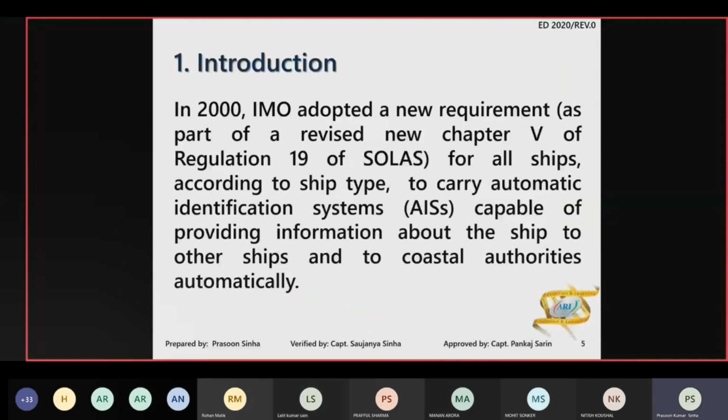So please go through these slides, a couple of slides about the introduction of the topic. I'm letting you read yourself because we did discuss it.